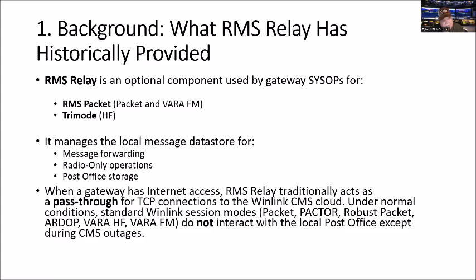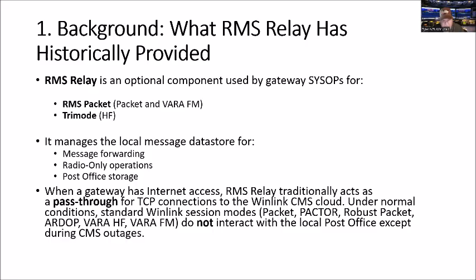RMS relay is an optional component used by gateway sysops for RMS packet and VARA FM and tri-mode, which is the HF portion of it. It manages local messages and storage for message forwarding, radio-only operations, and post office storage.